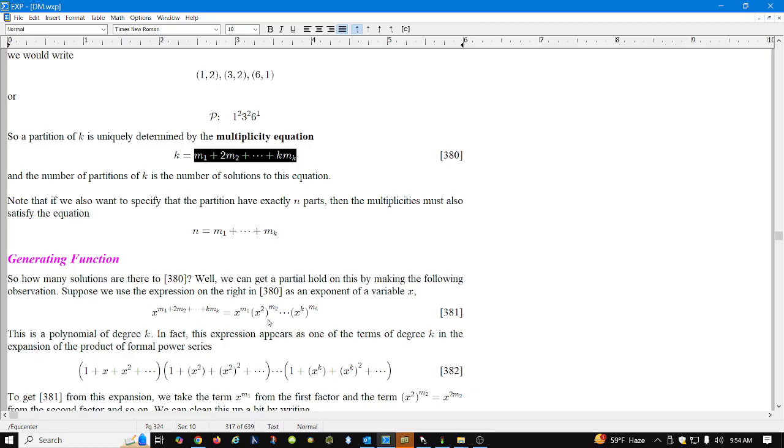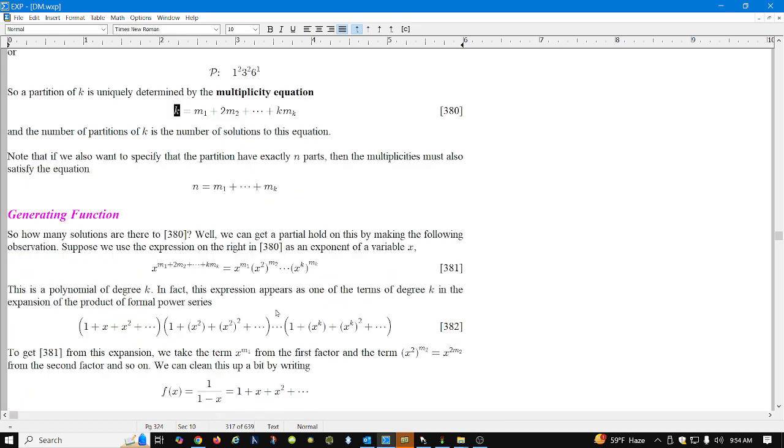This now is a polynomial of degree k. In fact, this expression appears as one of the terms of degree k in the expansion of this product of formal power series.